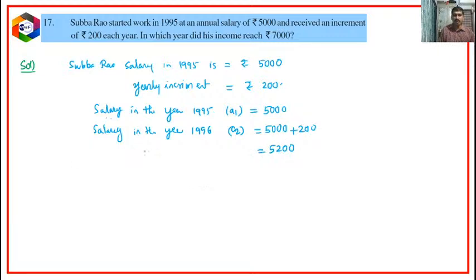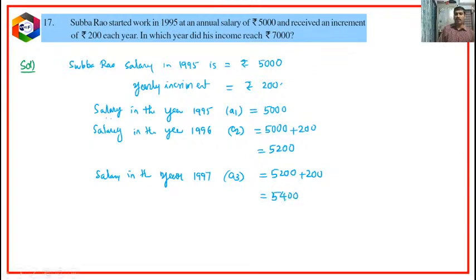Next, salary in the year 1997, that means this is the third year. The first year is this one, A2 means the second year, and this is the third year, which I am going to write as A3, equal to 5,200, the previous year salary, and 200 will be the increment, which equals 5,400.